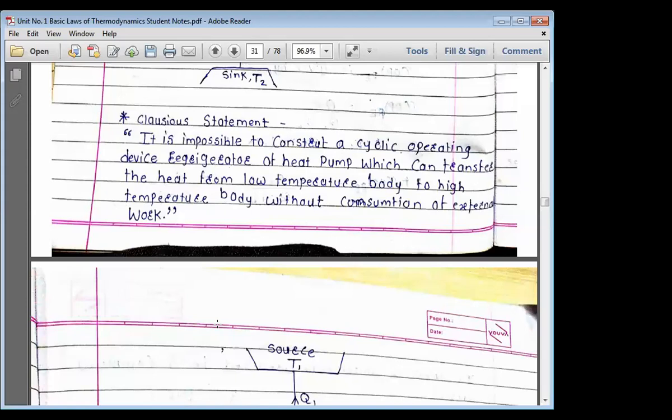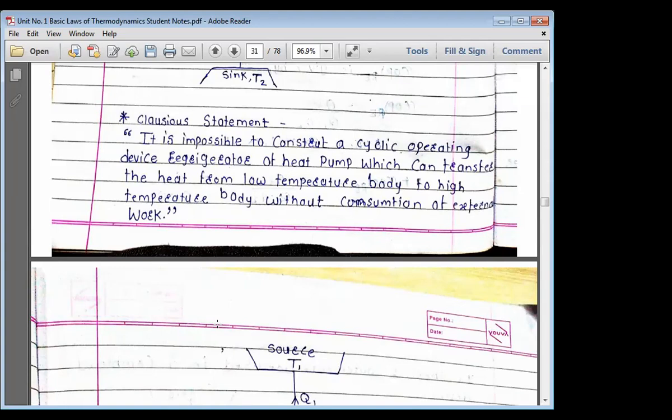That is, it is not possible to make any device that transfers heat from a low temperature body to a high temperature body without taking external work. No such cyclic operating device exists. It is impossible to construct a cyclic operating device, that is refrigerator or heat pump, which can transfer the heat from low temperature body to high temperature body without consumption of external work.